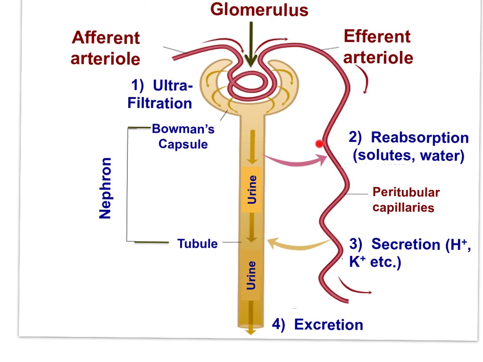As the blood runs alongside the renal tubule, the blood can reabsorb important molecules like glucose, amino acids, and water. Other wastes, including ions, such as hydrogen ions, are secreted into the urine. The secretion of hydrogen ions into the urine helps regulate blood pH. Any materials that are not reabsorbed are excreted as urine.